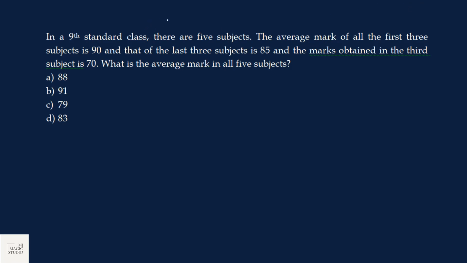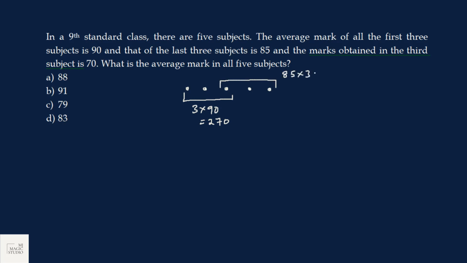Okay, another one from averages. In a 9th standard class, there are 5 subjects. The average mark of the first 3 subjects is 90. That means total of these 3 is 270. And that of the last 3 subjects is 85.